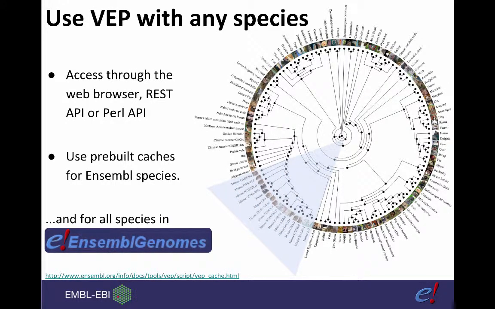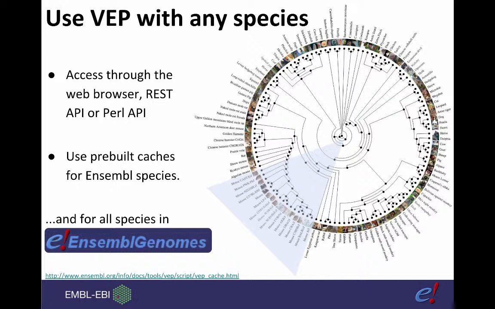What's amazing about the VEP as well is that you can use it for any species. You can access it through the web browser, REST API or Perl API. As I said in the previous presentation, we have variant data available for 23 species in the main Ensembl site. But you can use the VEP for any of the species in Ensembl, because you can either check for known variants or identify consequences for novel variants, and you're essentially just doing novel variants when you're using the other species in the VEP.